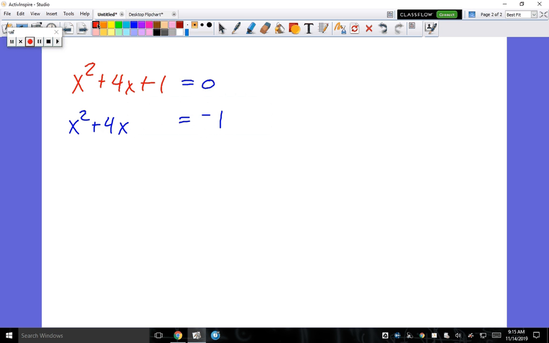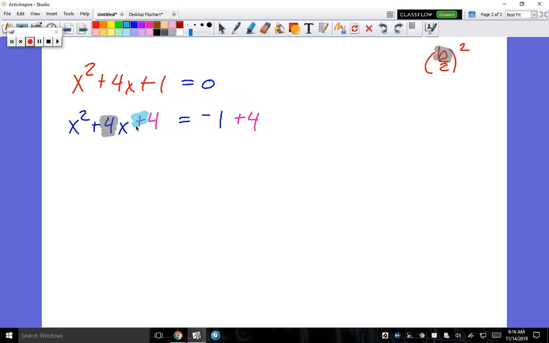Second step is to concentrate on this number right here and do this whole b over 2 squared business. So b is 4. So when I divide it by 2, I'll get 2. Squared would give me plus 4. So I'm going to put right here plus 4 to both sides. That's that second step.